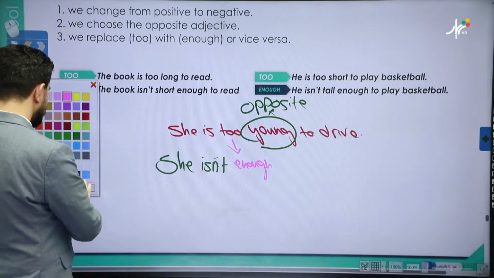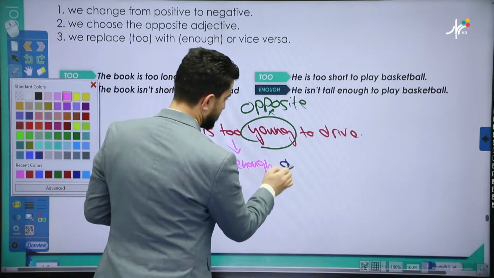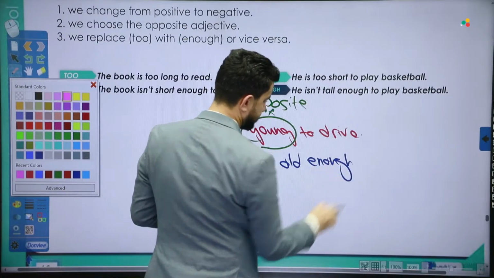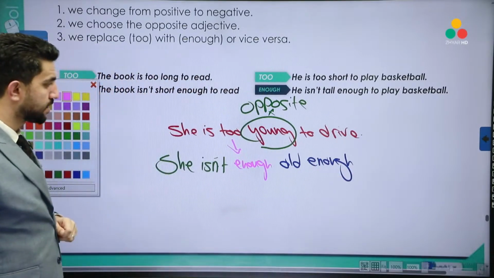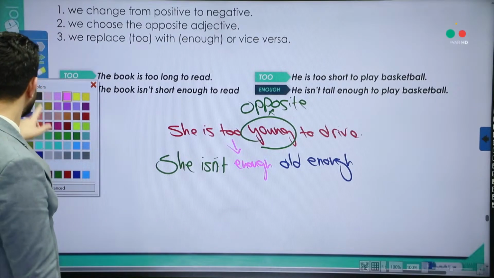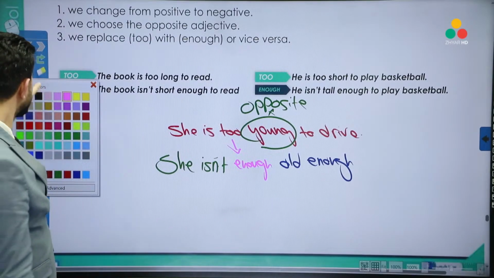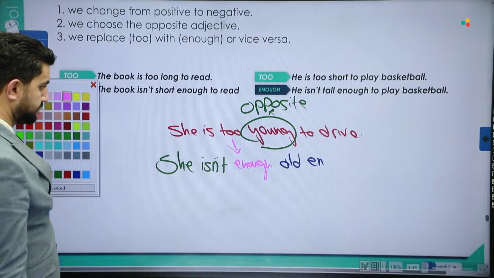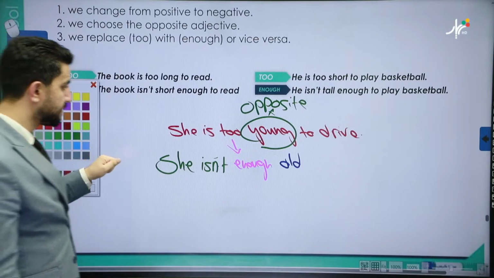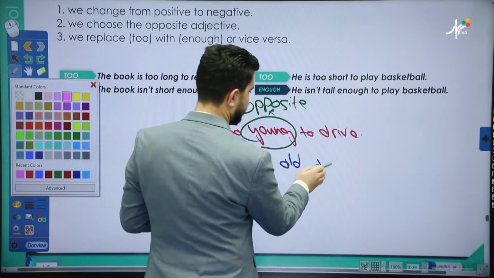Old, right? We say old. She isn't old enough to drive.